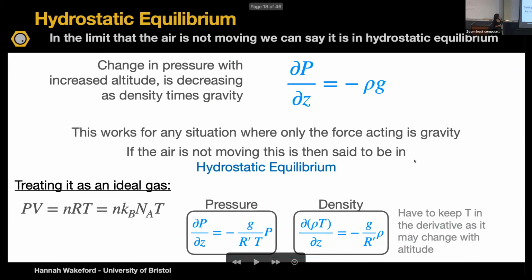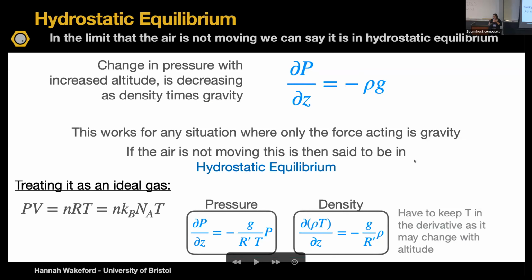Now, if we take this and we start assuming that we're in hydrostatic equilibrium, so we're saying that there's nothing moving in the atmosphere as well. So we made a couple of assumptions here. That change in that pressure, we can then take our ideal gas laws and we can equate that.